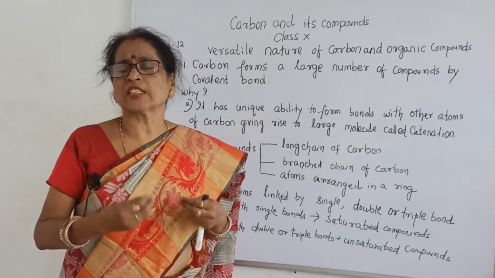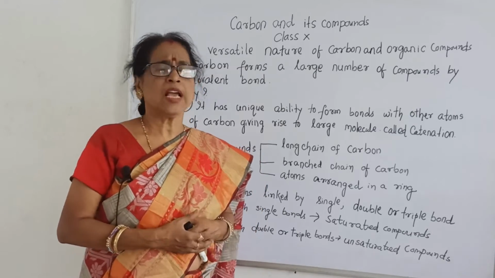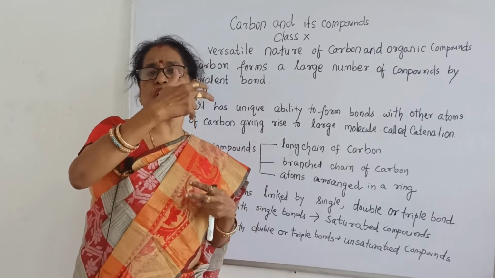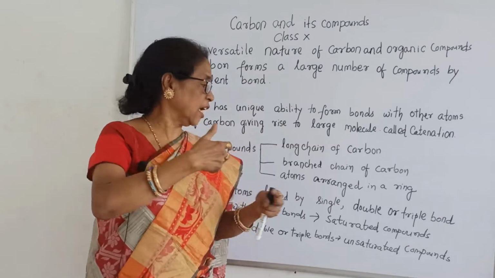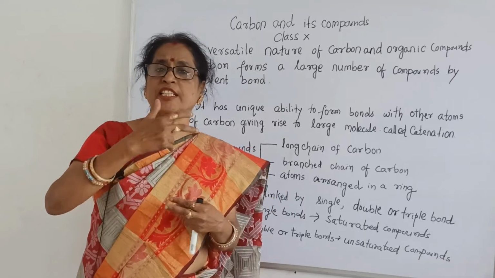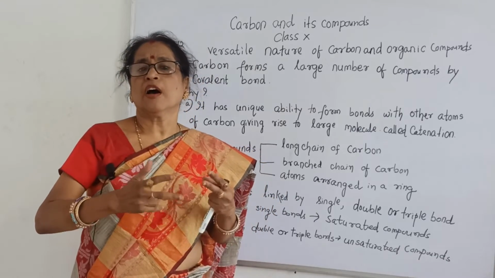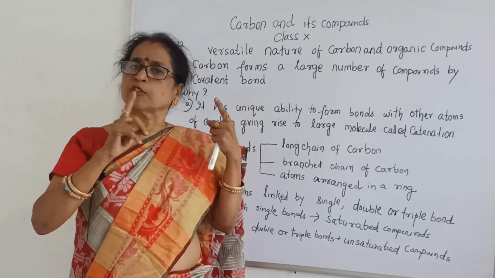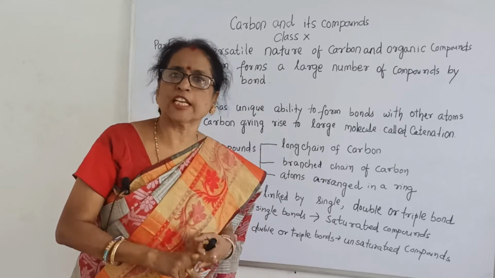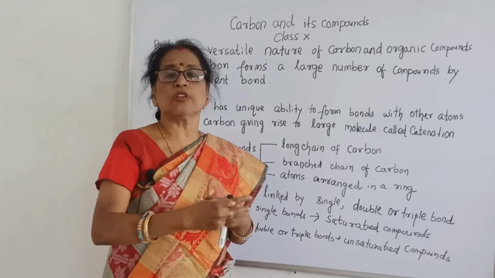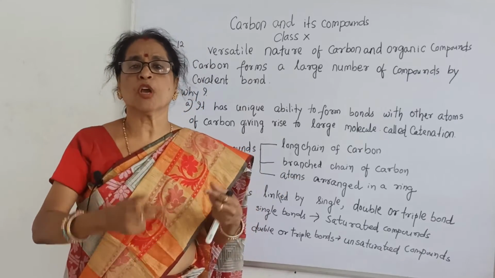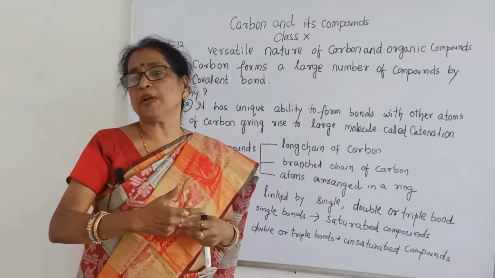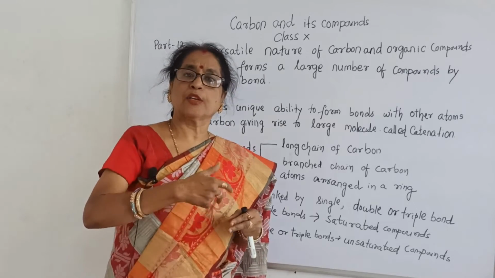The single bond is called a simple covalent bond, and in a double bond, one is called sigma and the other is called pi bond. In a triple bond, one is sigma and the other two are pi bonds. That means a single bond, a simple covalent bond, is a sigma bond; a double bond has one sigma and one pi; and a triple bond has one sigma and two pi.